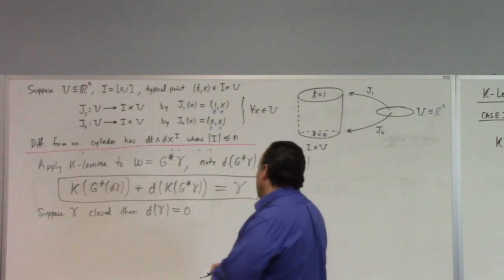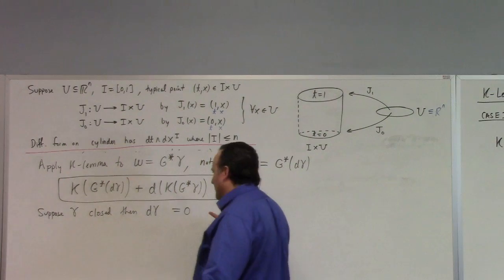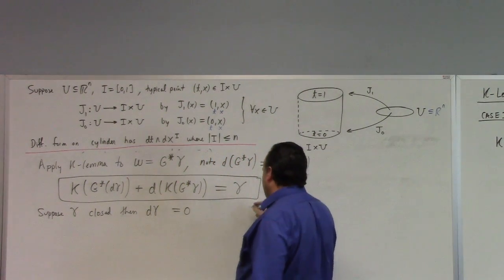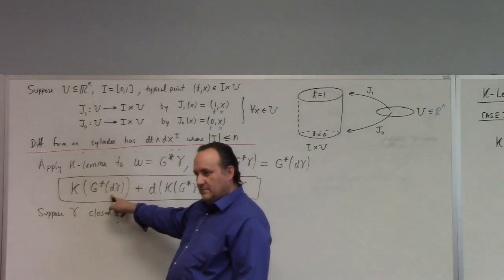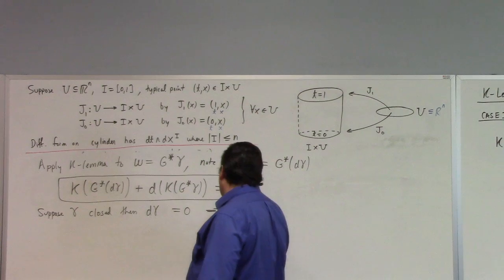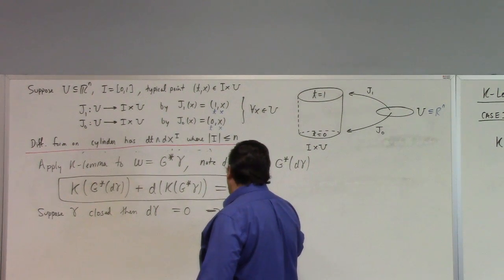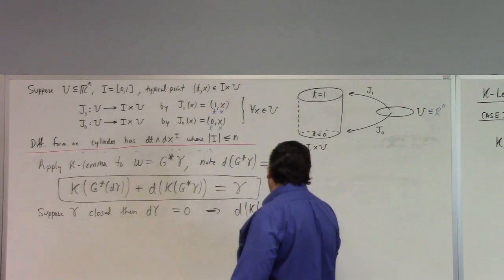Oh, I'm an idiot. I'm sorry. We don't need to take the exterior derivative of the boxed lemma. We just need to look at the boxed lemma. What's this say then? That means this is 0, right? So the boxed lemma becomes what? The exterior derivative of K G pullback gamma is equal to gamma.